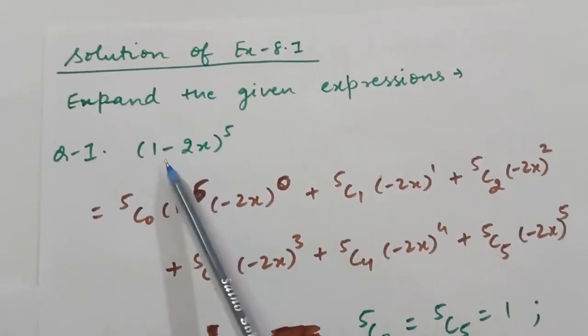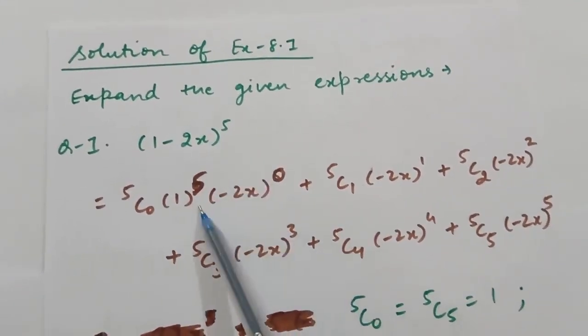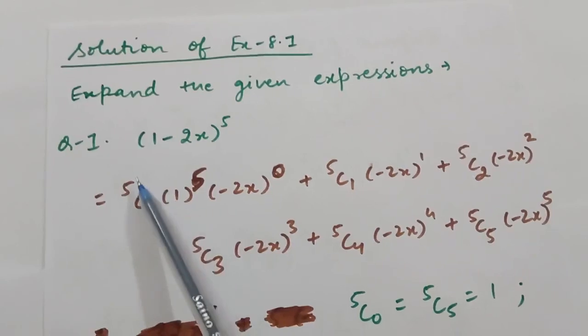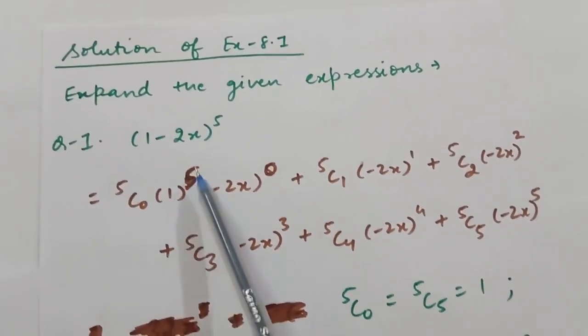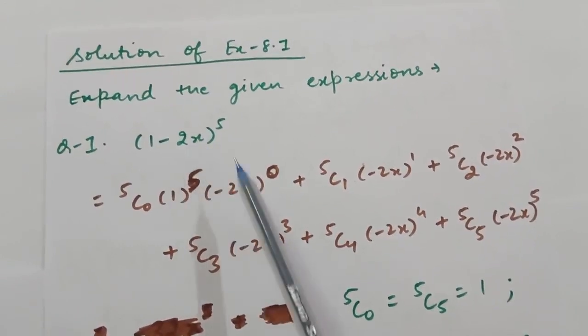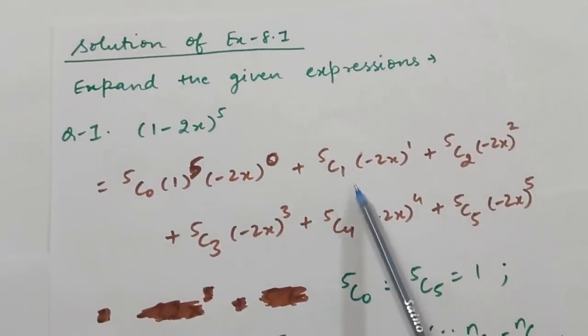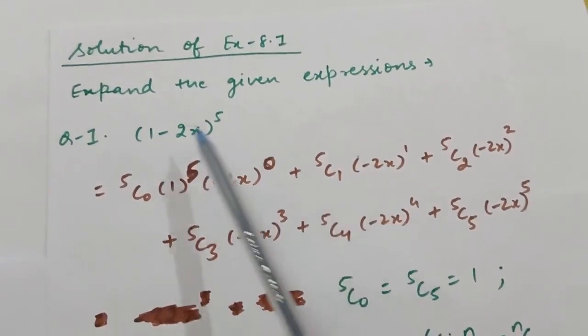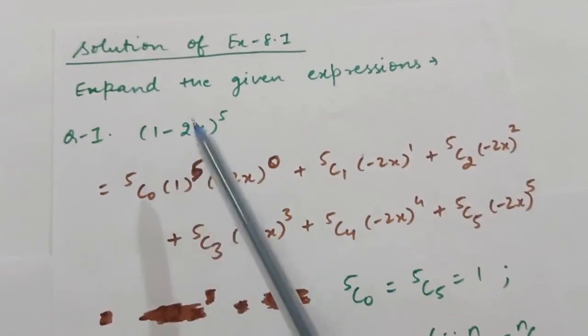Question first is 1 minus 2x whole raised to the power 5. So we know the binomial theorem, so use it. So the expansion will be 5c0 1 raised to the power 5 and minus 2x raised to the power 0 plus 5c1. See, power of 1 now I am not taking because power of 1 is 1 only.